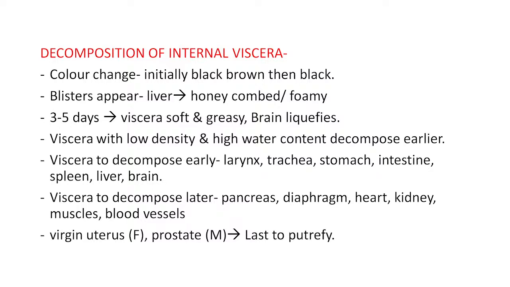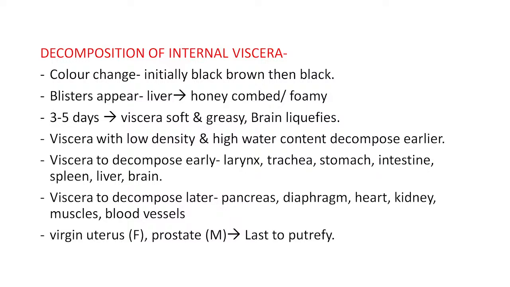Then appearance of maggots will be there. We have seen common flies, house fly, green bottle fly, then blue bottle fly, all will be attracted towards the body. They will lay eggs, then formation of larva, right? Then larva will change into pupa, and pupa will change into adult fly. So this cycle will take around 10 to 12 days.